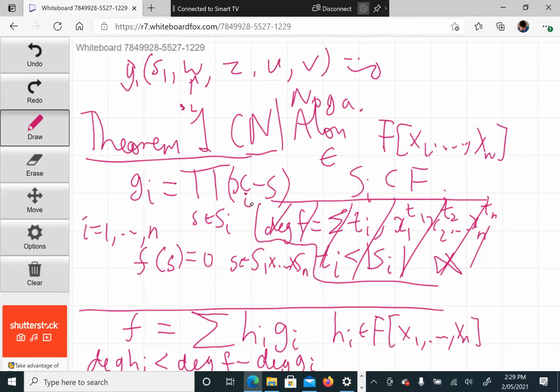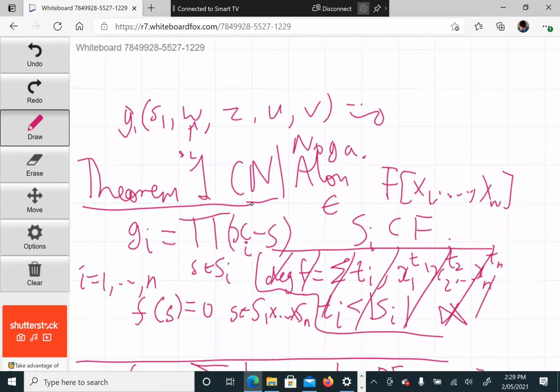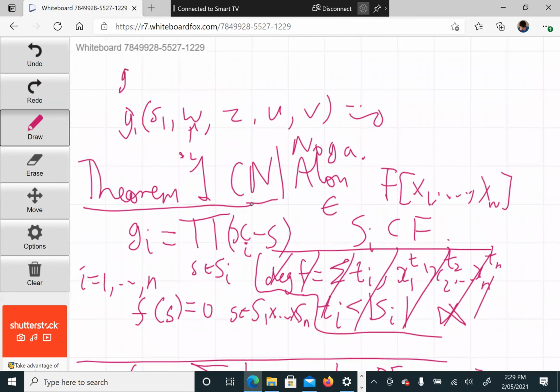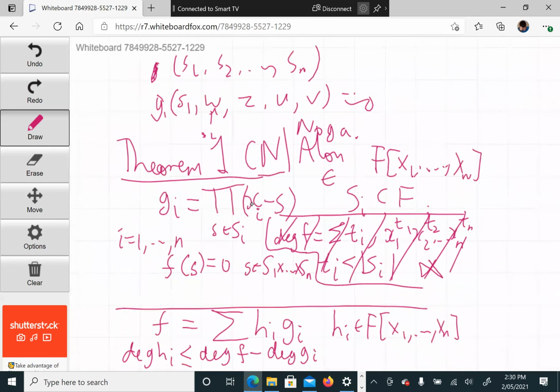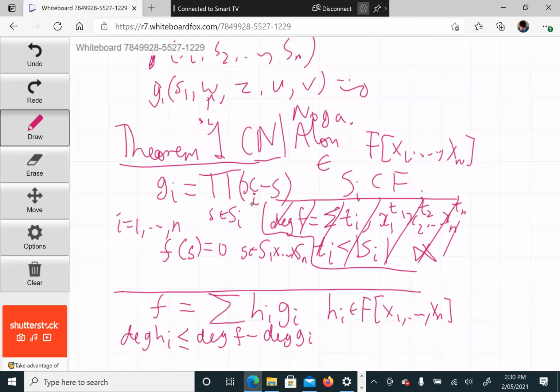So the common zeros of all the g's are just the things of the form s1, s2, up to sn. So saying that F is 0 on those things is saying that the common zeros of the g's are also zeros of F, right?